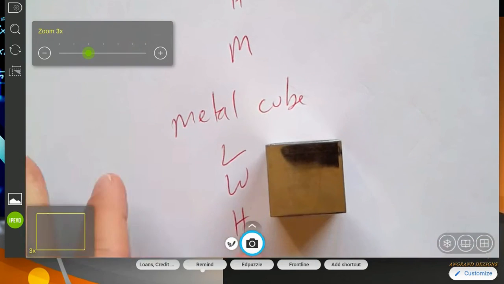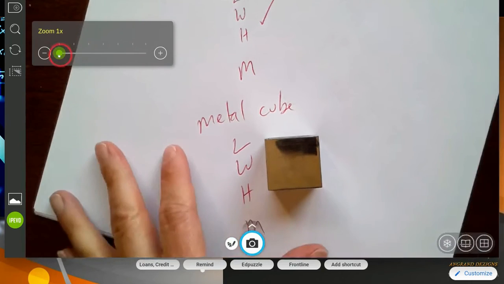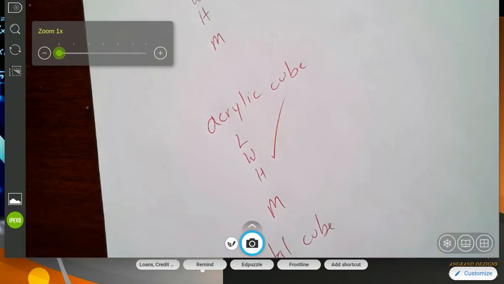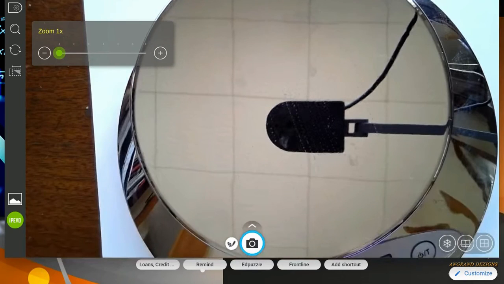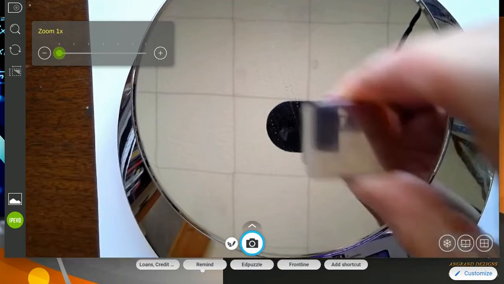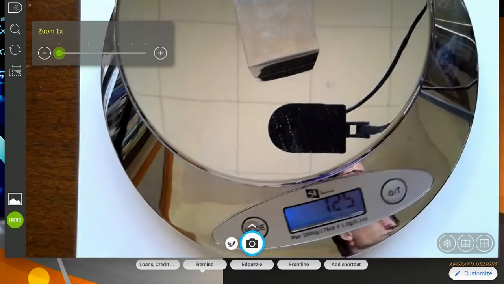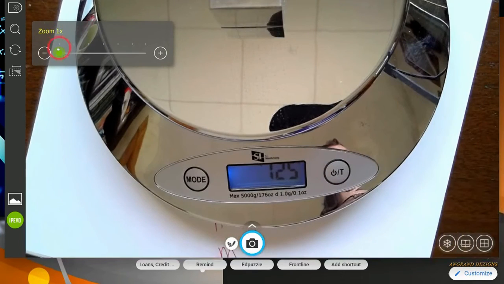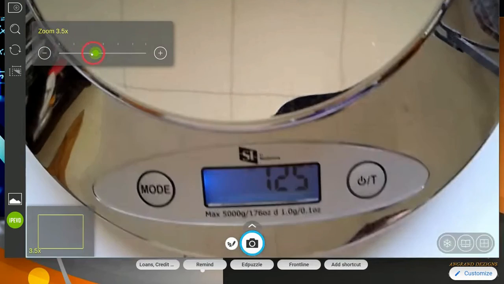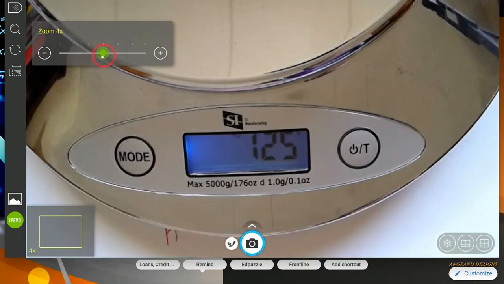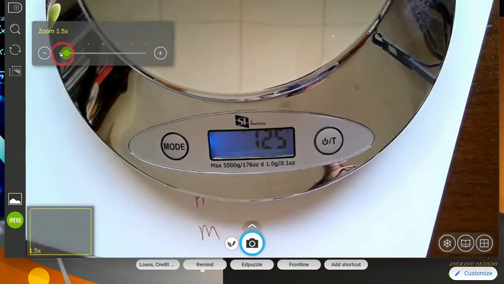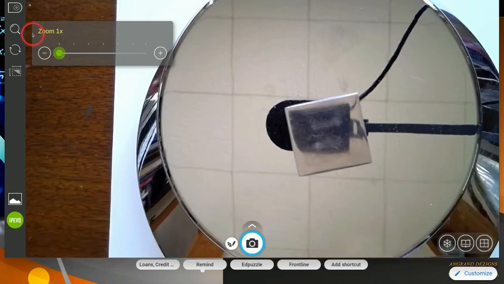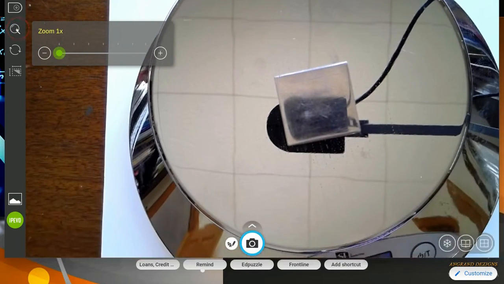There's that. And then we will find our mass. And again, that mass is in grams. There we go. Okay. And you can figure out the density and whether it will float in water or not.